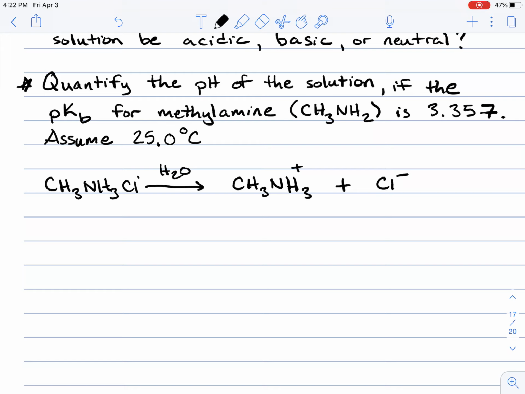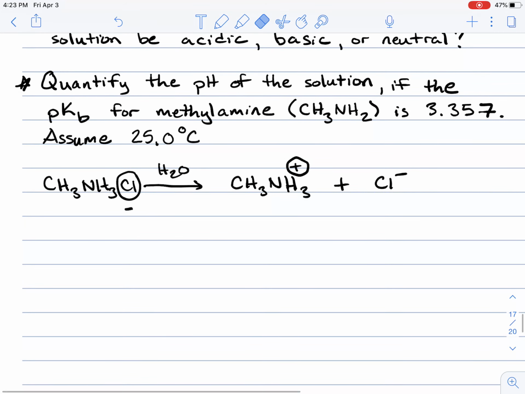Remember that this chloride ion, if you look at the periodic table, is under the halogens, and so it has a fixed charge of -1. If you separate that chloride from methylammonium, then that methylammonium must have had a positive charge to begin with. And both of these substances are going to be aqueous in state.